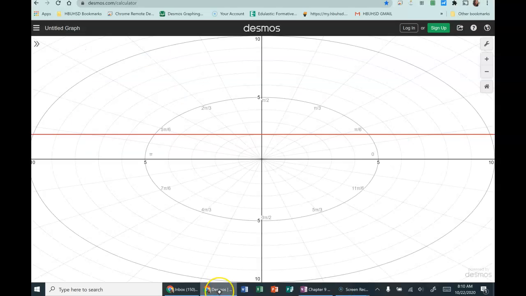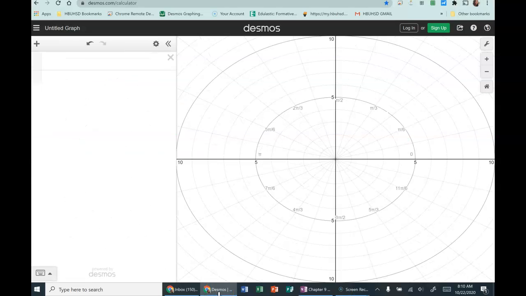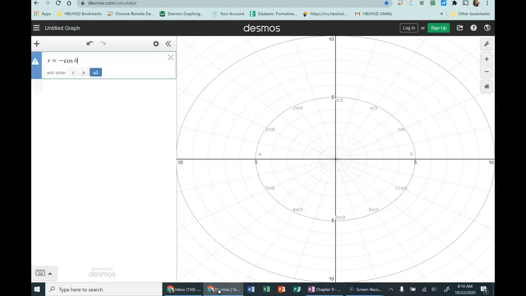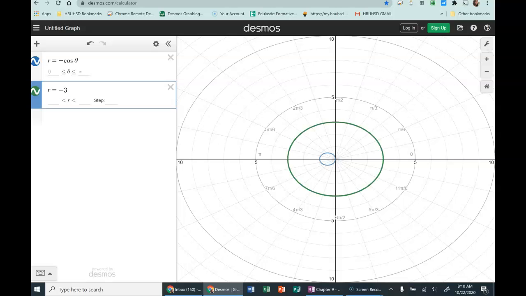So I'm going to find my Desmos. I will clear out this one. This first one says r equals negative cosine of theta. That's my first one. Then the next one says r equals negative 3 cosine of theta.